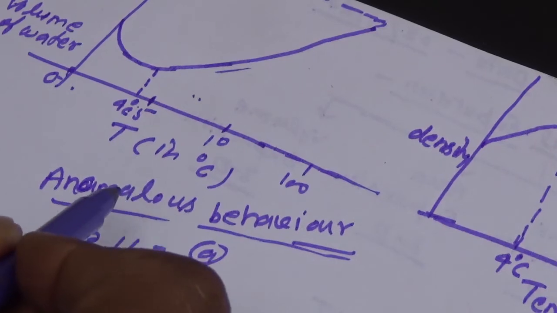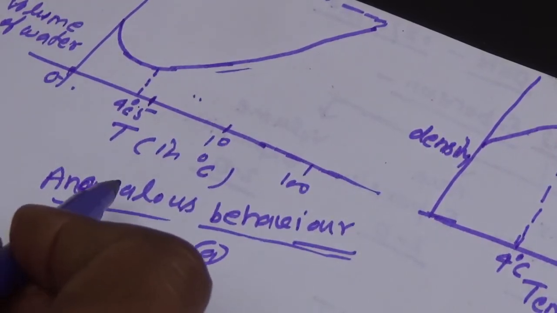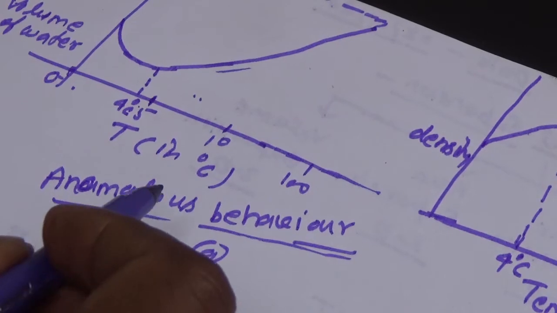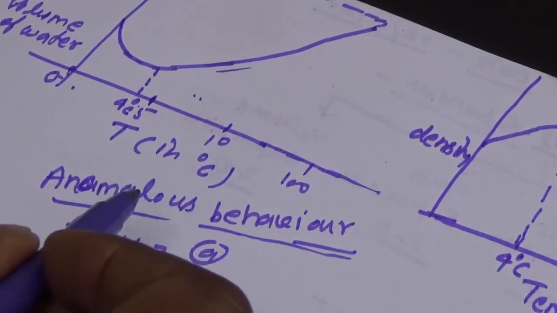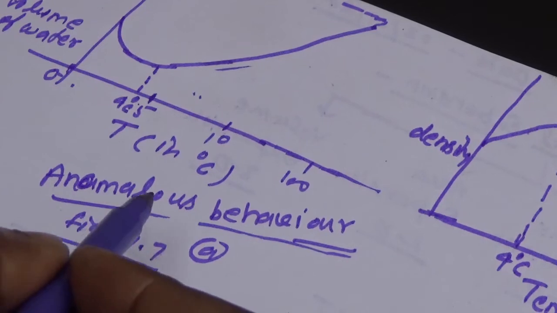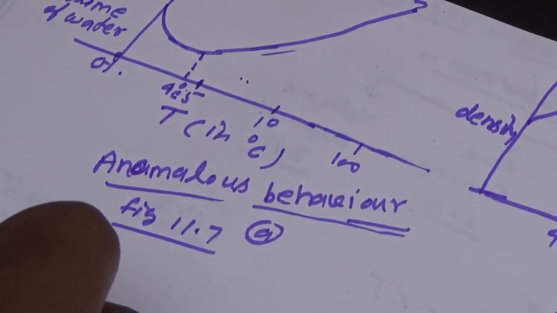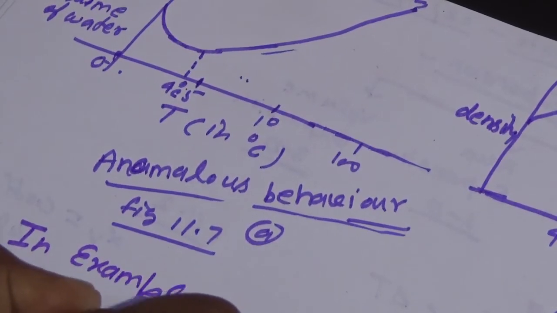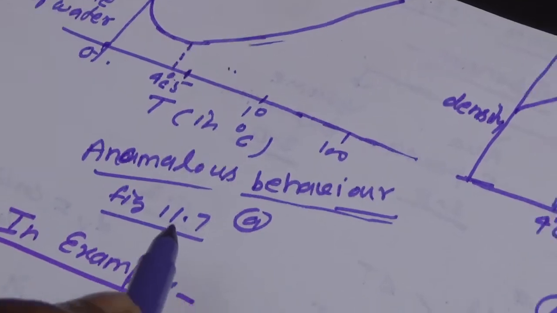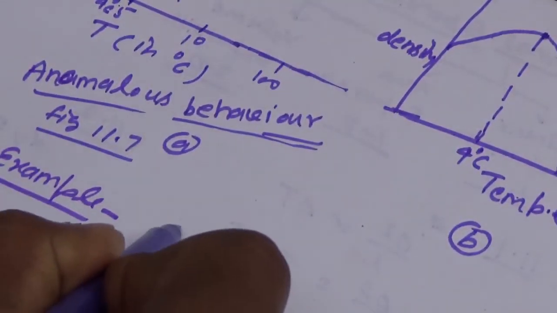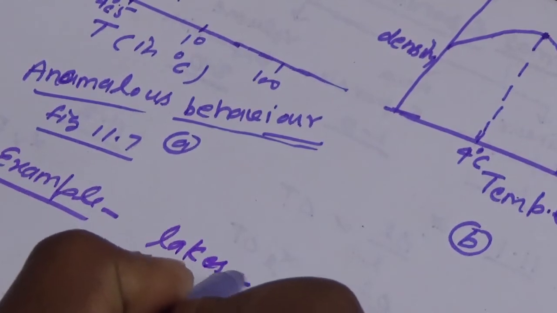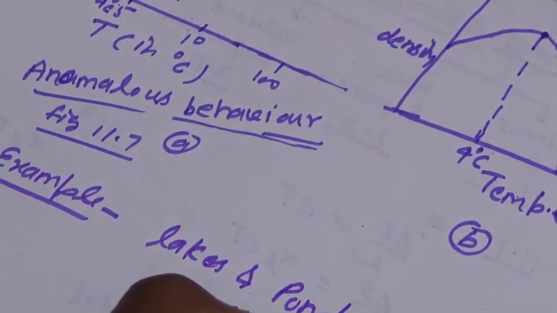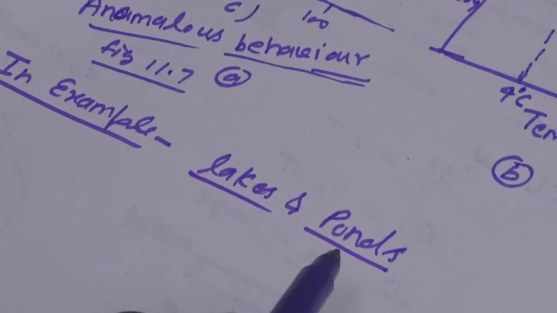If we take the example of lakes and ponds, in lakes and ponds you can see this anomalous behavior very easily.